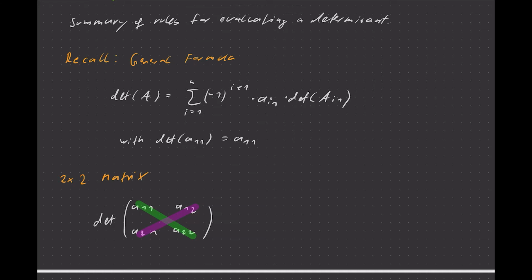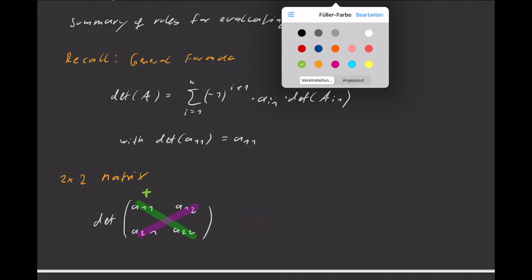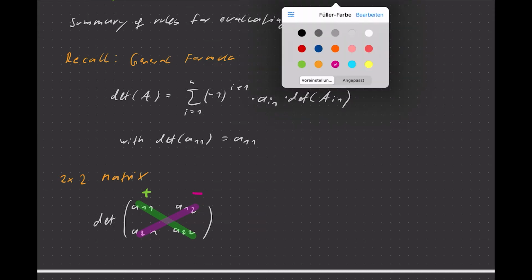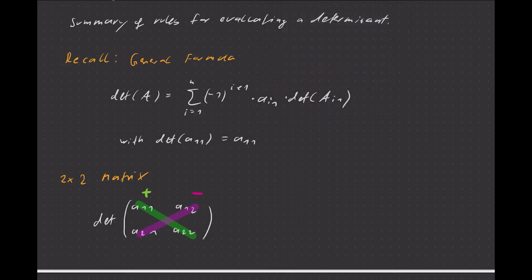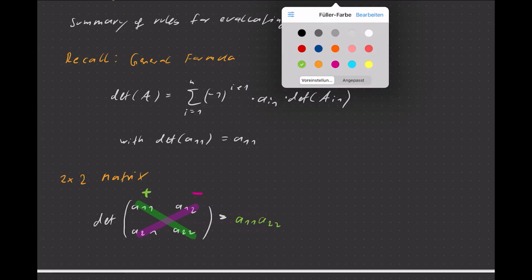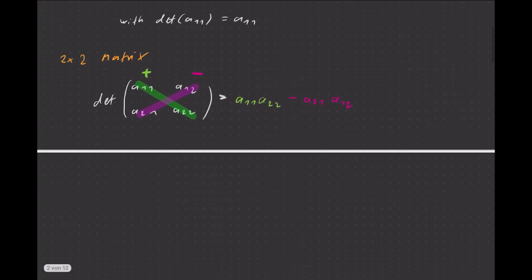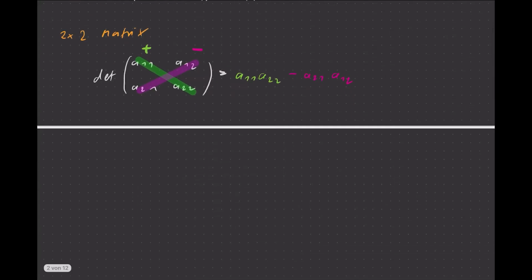And we counted the first part with a plus, and the second part with a minus. So in other words, what we have here is A11 A22 minus A21 A12. So that's the simple rule for 2 by 2 matrices.